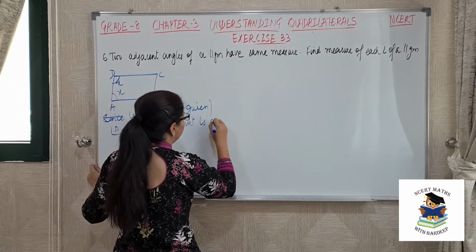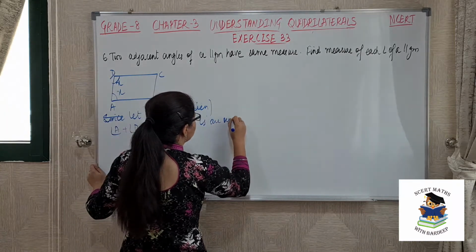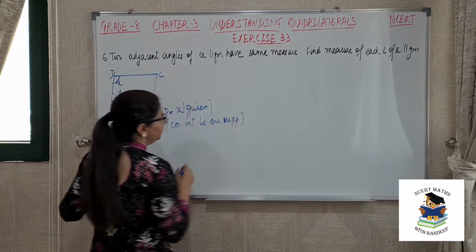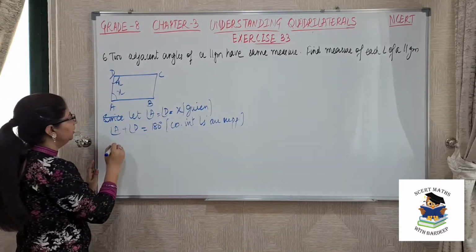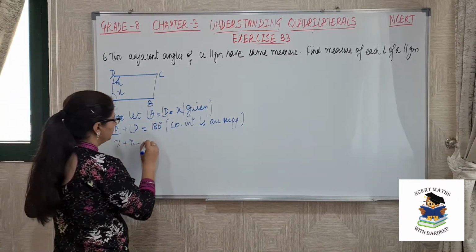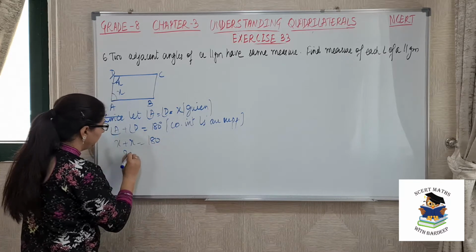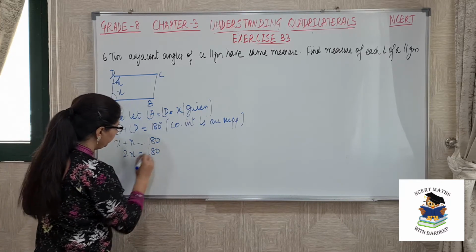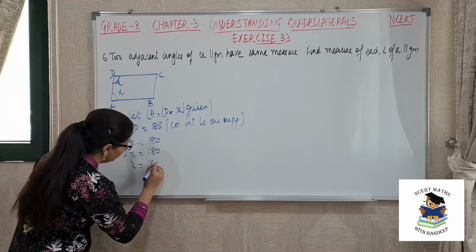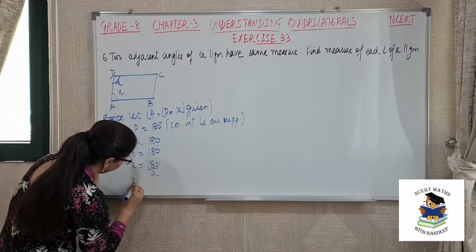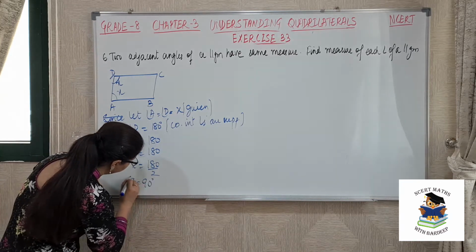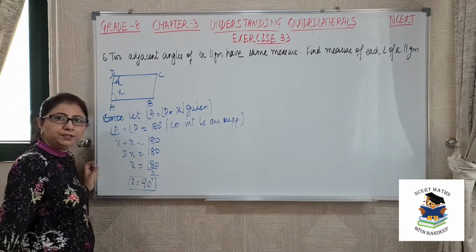Co-interior angles are supplementary, right? So x plus x is 180, 2x is 180. So what is x then? 180 by 2, so x is equal to 90 degrees.